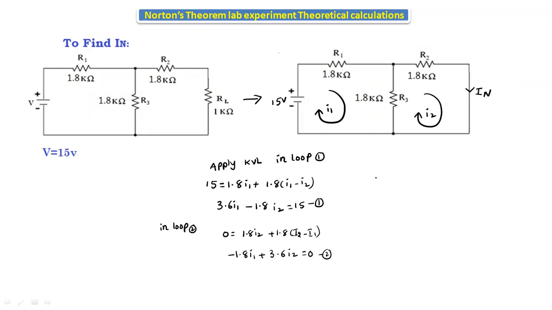From equation number 1 and 2, we will get I1 is equal to 5.55 milliamps and I2 value is 2.77 milliamps. As we know that the current passing through this branch is I2, so IN is equal to I2 is equal to 2.77 milliamps for the supply voltage of 15 volts.